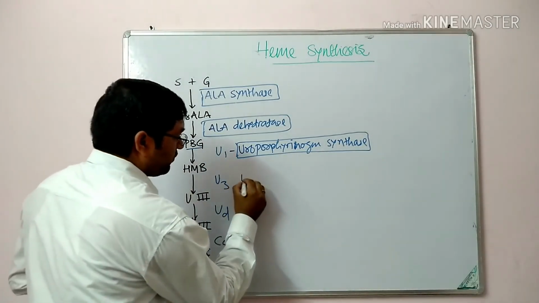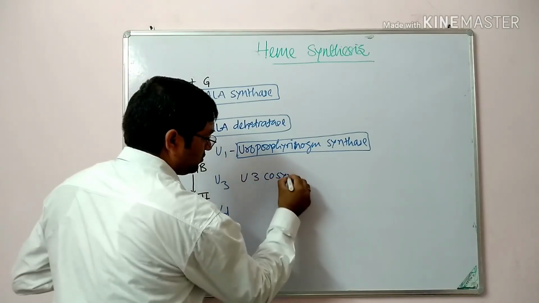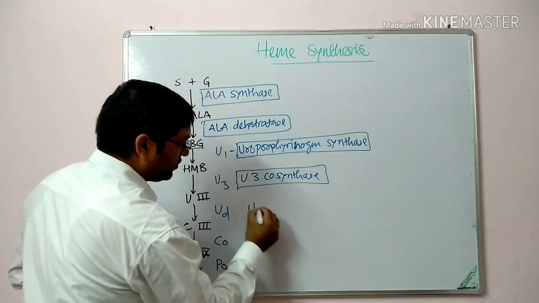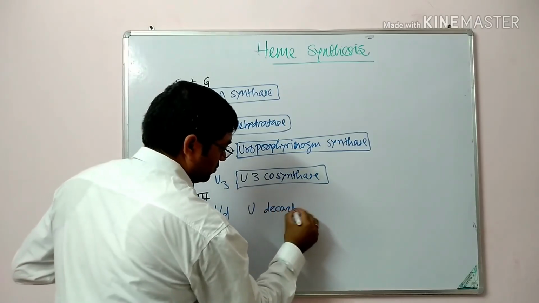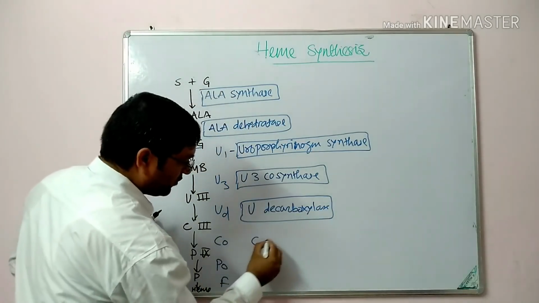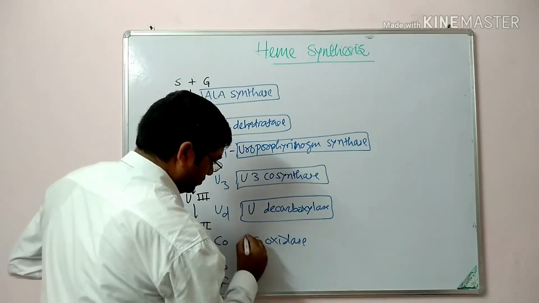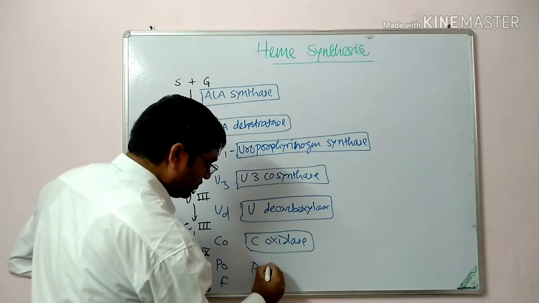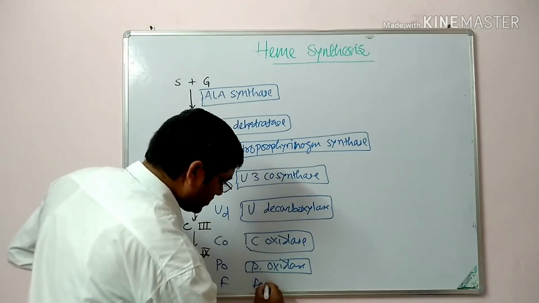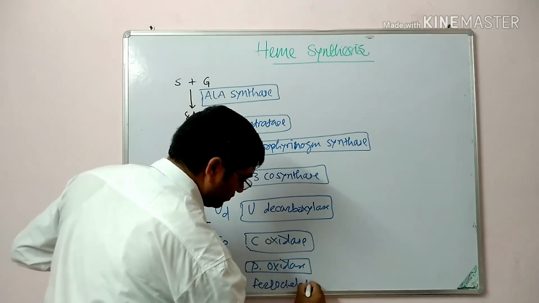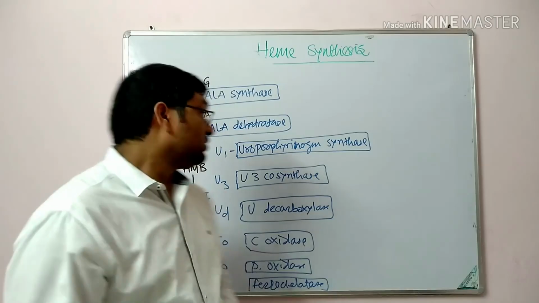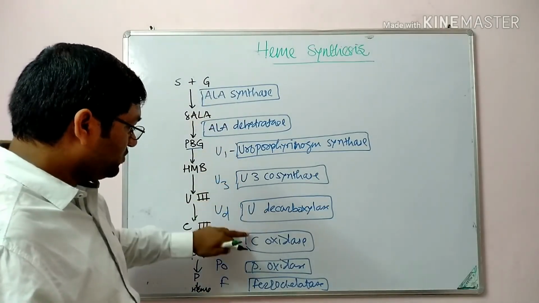Then uroporphyrinogen III cosynthase. Then uroporphyrinogen decarboxylase. Then coproporphyrinogen oxidase, protoporphyrinogen oxidase, and the last one is the ferrochelatase or heme synthase. So these are the important enzymes in the heme synthesis. 1, 2, 3, 4, 5, 6, 7, 8.